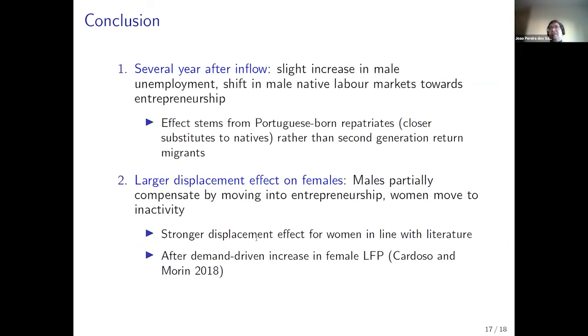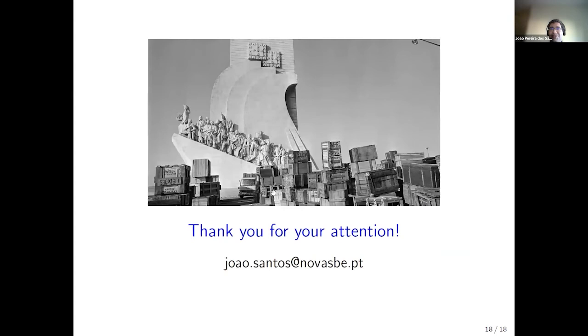But the effect is very different for women. Portugal was a country with a higher labor force participation historically at that time because of the war and migration. But in places with more repatriates, there's a larger displacement effect on females. And that's basically all I have to say. Thank you so much for the opportunity to present our work.